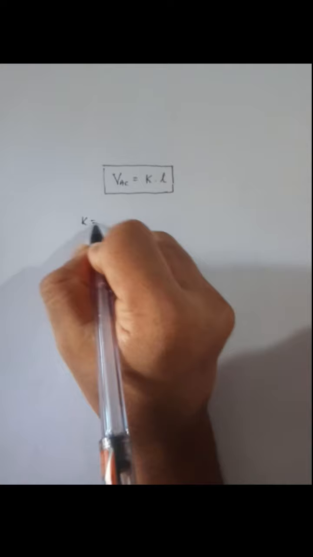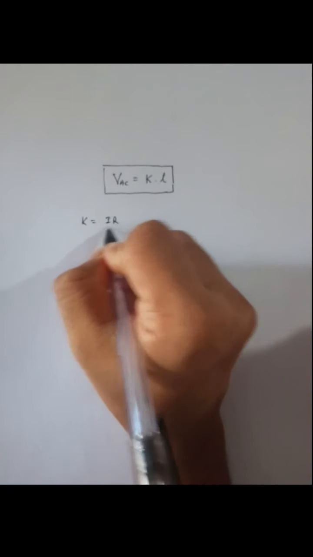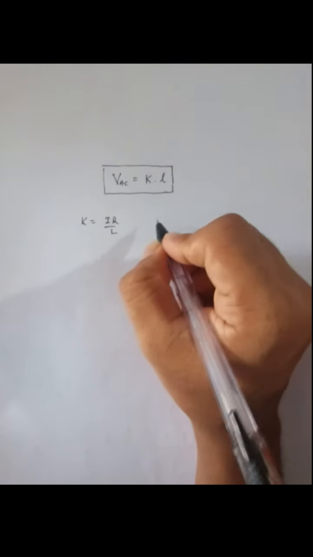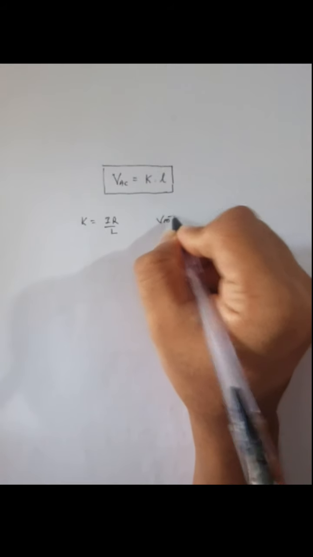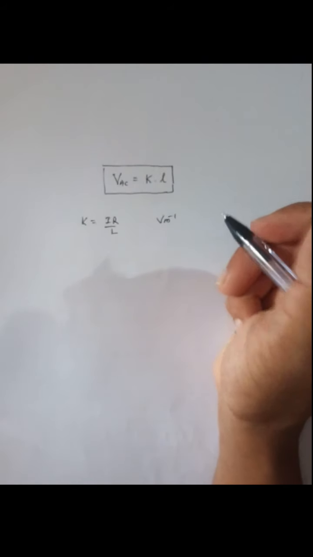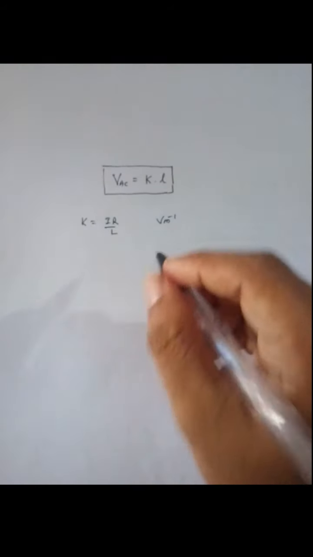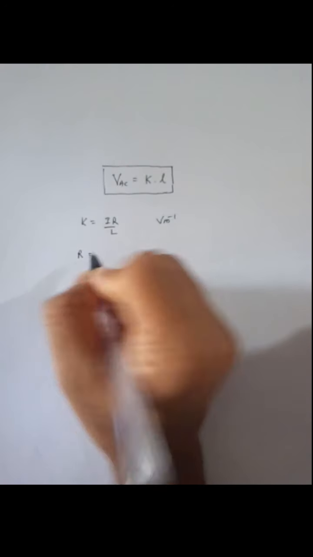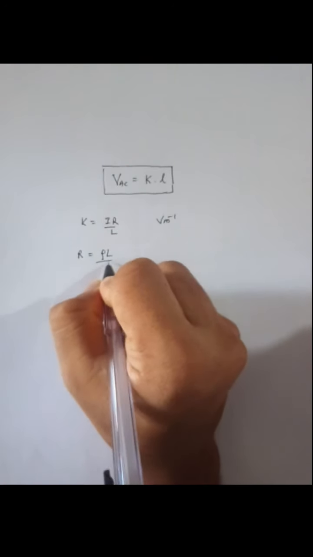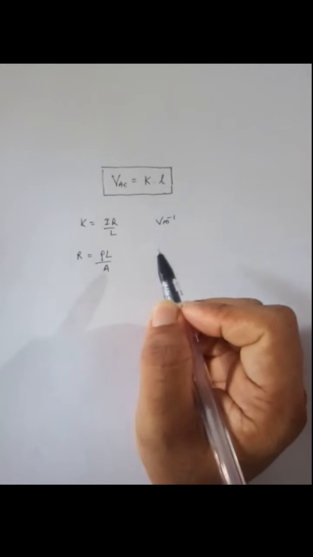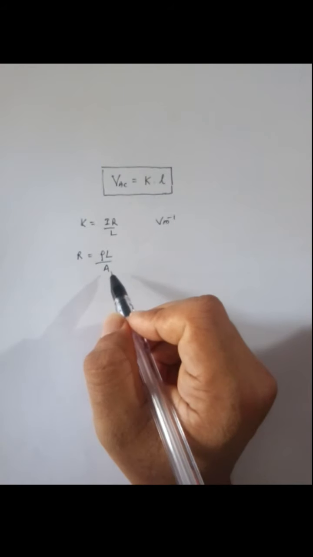And I can write an equation for K, that is K equals IR over L. So the unit of K, that means potential drop per unit length, okay, so per meter, is the unit of K. And now I can write R, the resistance of the wire, equals rho L over A, where rho is the resistivity of the potentiometer wire and A is the cross-sectional area of the wire.